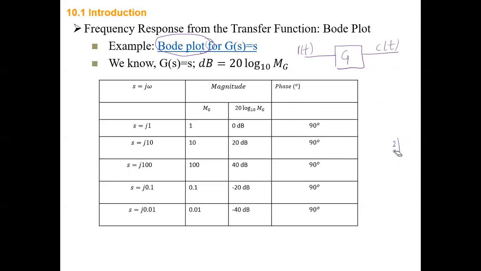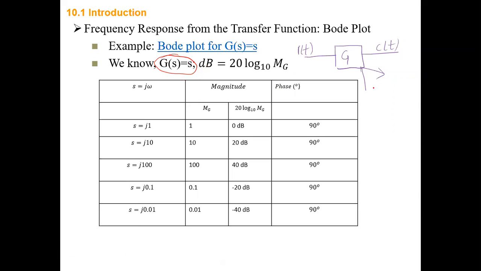In the same way, we do the same thing here. So you have the G. What is the magnitude of G? Your G is simply s, right? Let me choose some bright color. My G is simply s. So what is the magnitude of s?